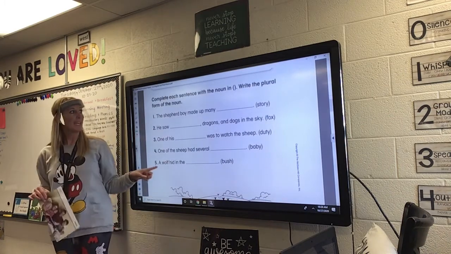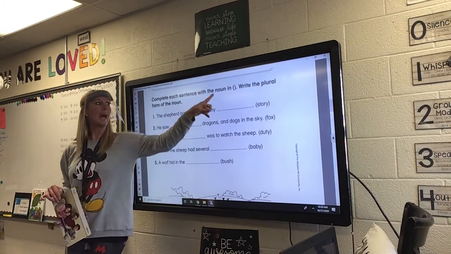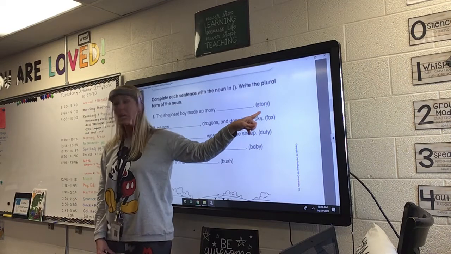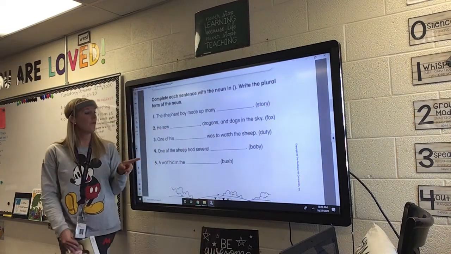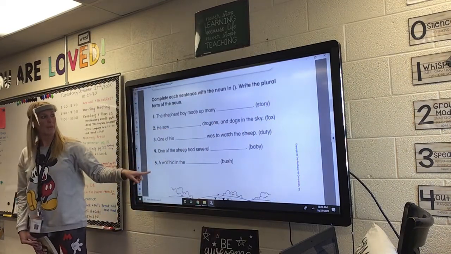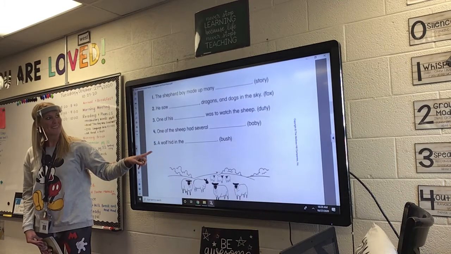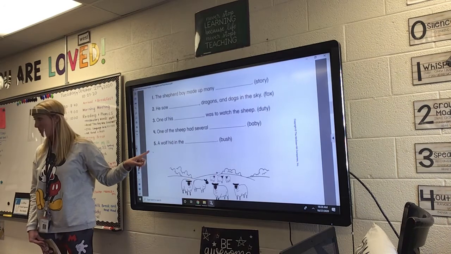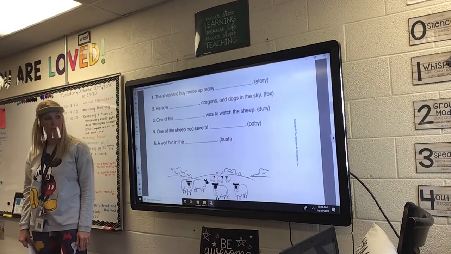Okay, down below, we're going to practice this. We're going to complete each sentence with the noun that's in the parentheses. So you guys see this noun over here? We're going to write the plural form of the noun. Okay? So, this is kind of going with our story from this morning with the shepherd boy. Remember the boy who cried wolf?